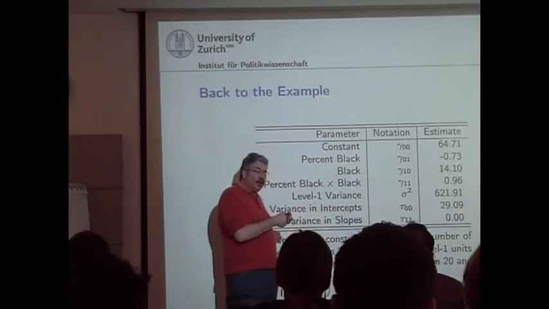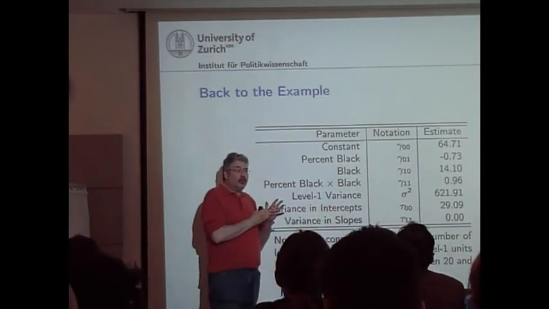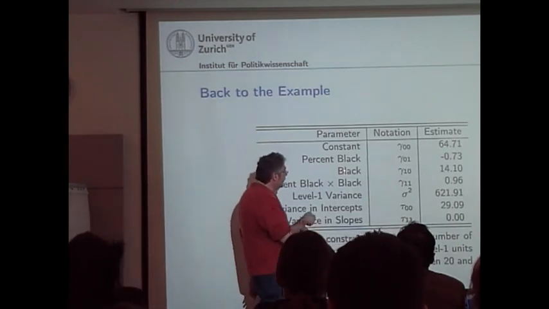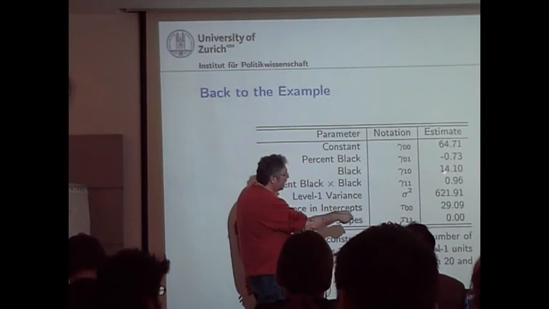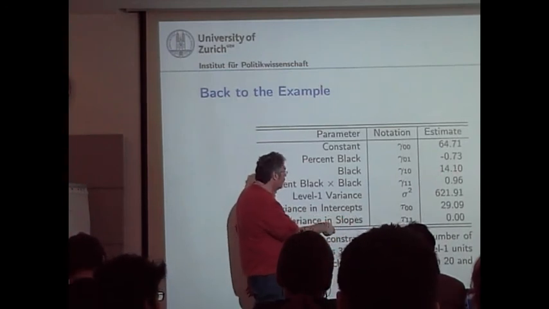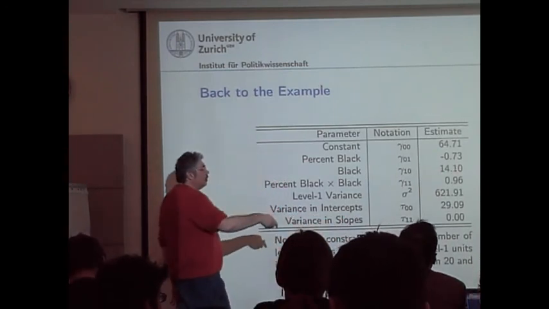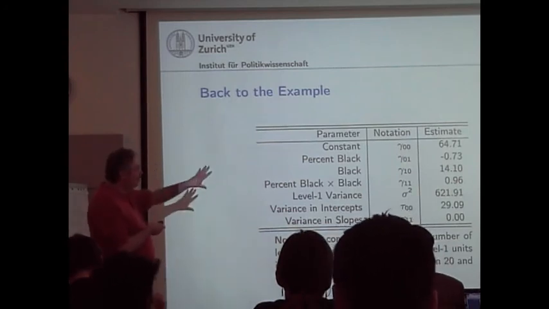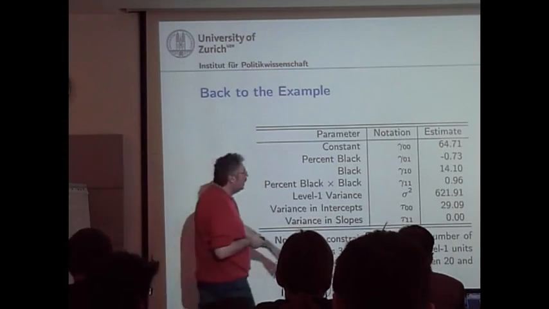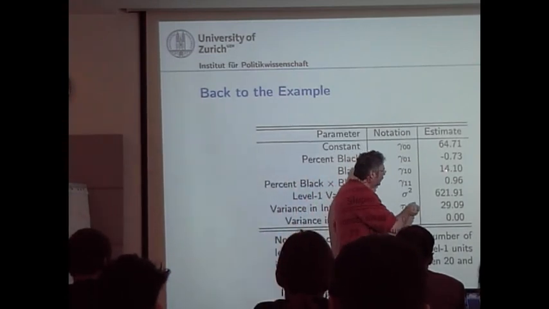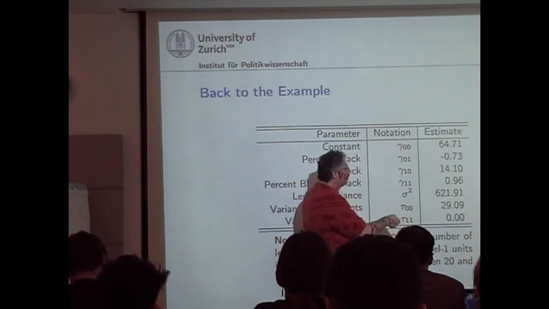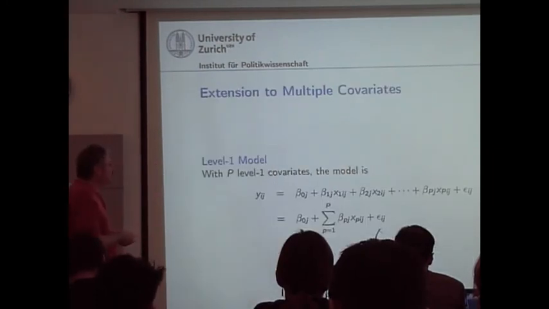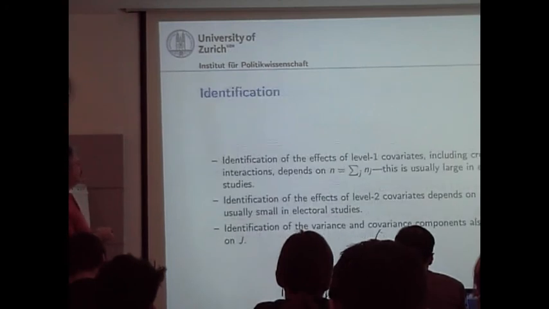I want to do the simple slope of black given percentage black. What we have is the effect of black is 14.10 and the interaction is 0.96. So the simple slope equation for the effect of black is going to be 14.10 plus 0.96 times percentage black. That's what we're going to take advantage of in the interpretation.